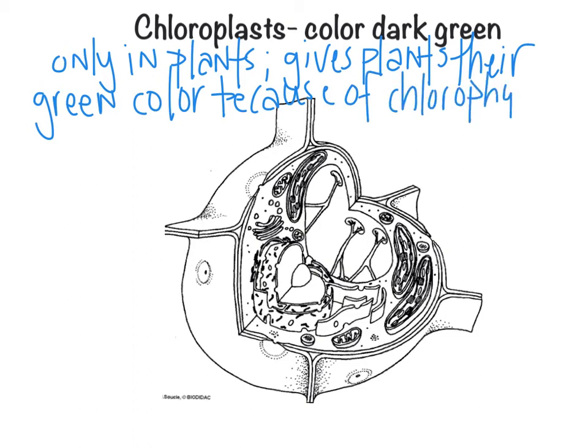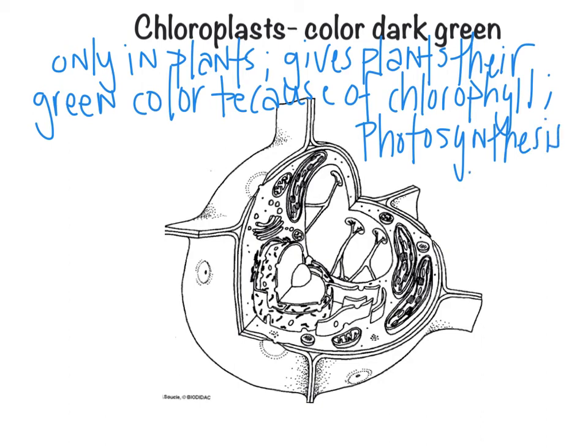And probably the big thing, and you probably remember this, is photosynthesis happens here. So photosynthesis occurs here. So remember, that's the process that a plant goes through to make food. So using the energy from the sun and water, it will actually make food or glucose for itself.